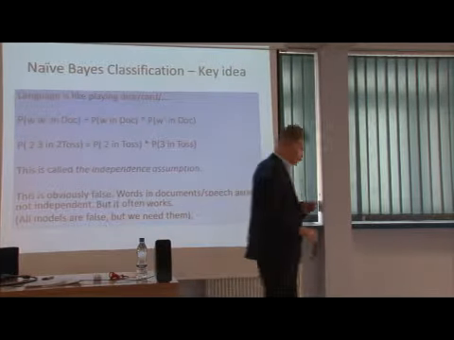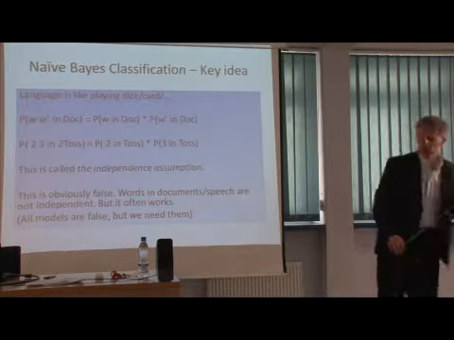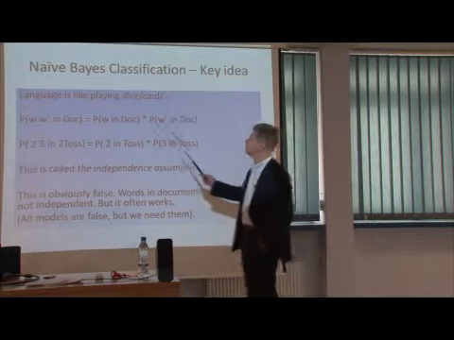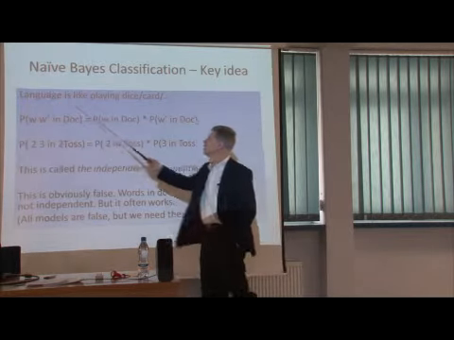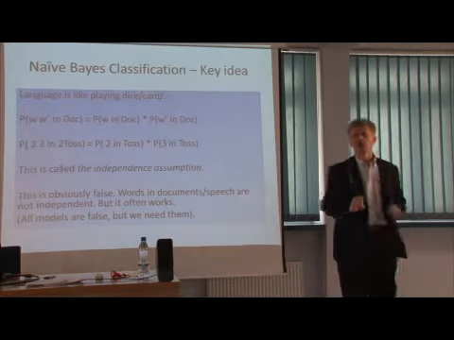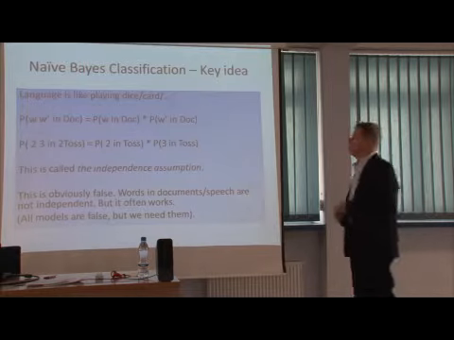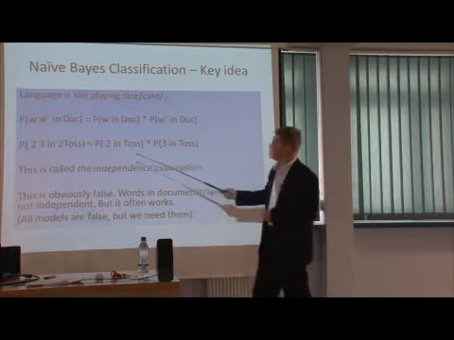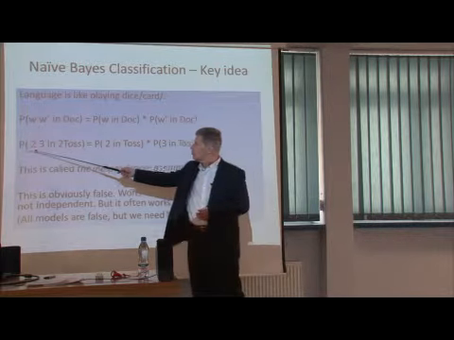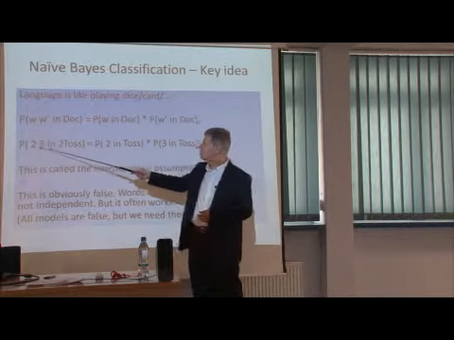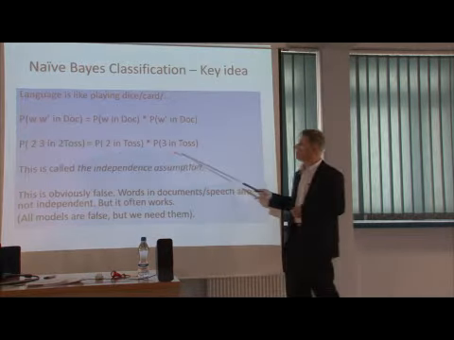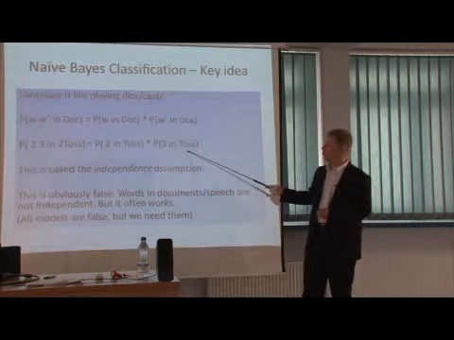So the naive Bayes classification, the word naive comes from the fact that we assume that language is like playing dice or playing cards. That is, when you toss a die, the probability of having 2 and 3 in 2 tosses is the same as the product of probabilities.